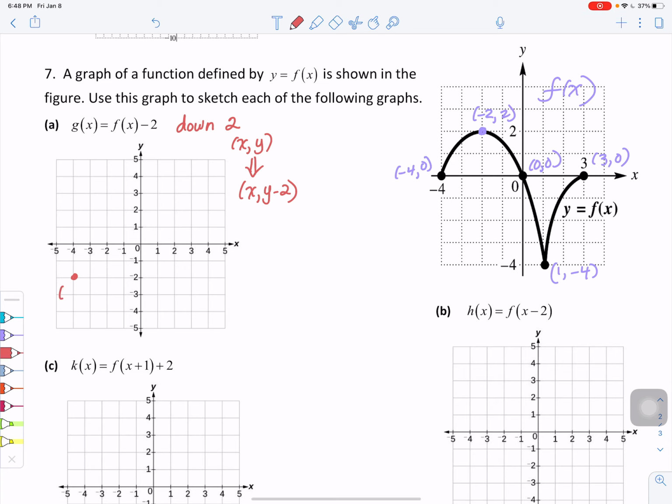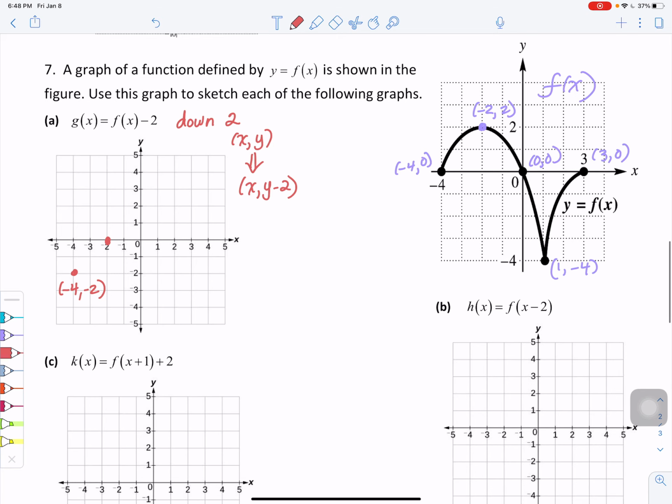And then negative 2, 2 will be now negative 2, 0. So we're just taking 2 away from every y value. 0, negative 2. 1, negative 6. And 3, negative 2.